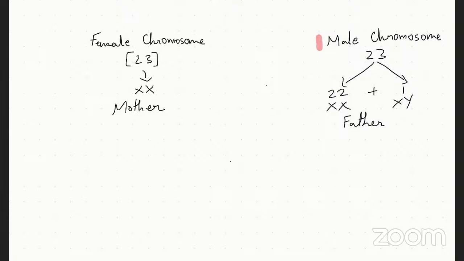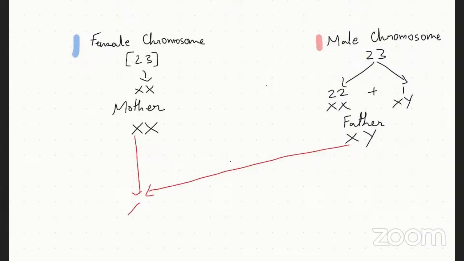Mother has the same chromosomes, so X and X. Father will be X and Y because one set is different. So when this X from the mother, let me use red for the X of the mother, and the X of the father come together, it creates XX, and a daughter is born.